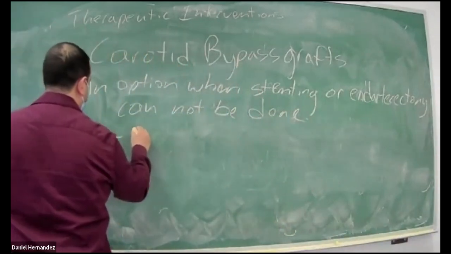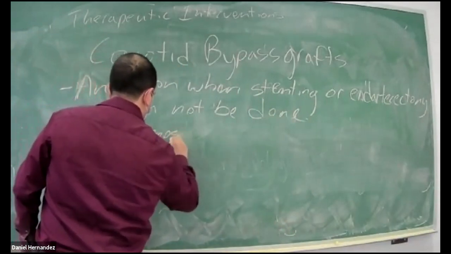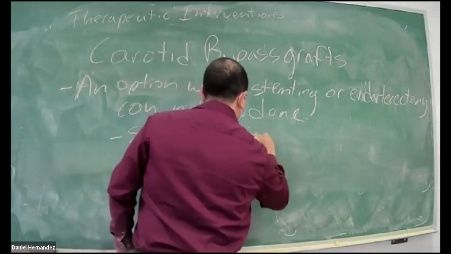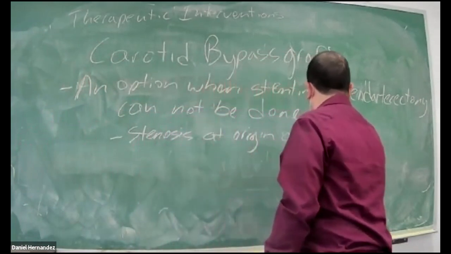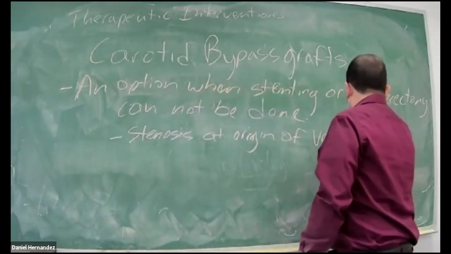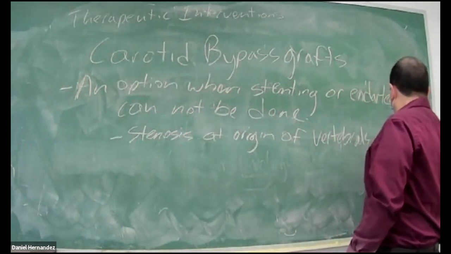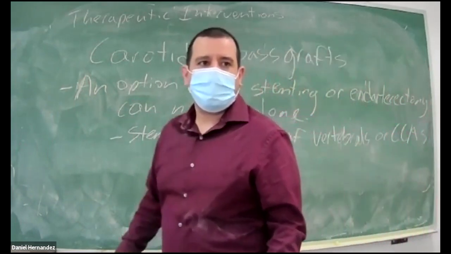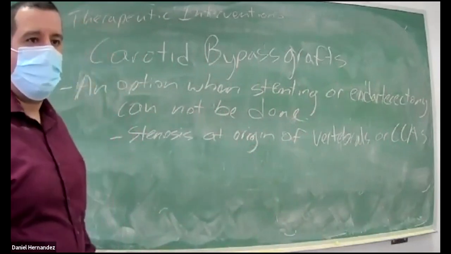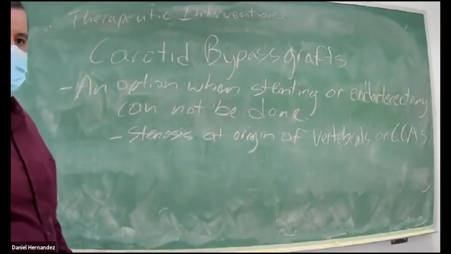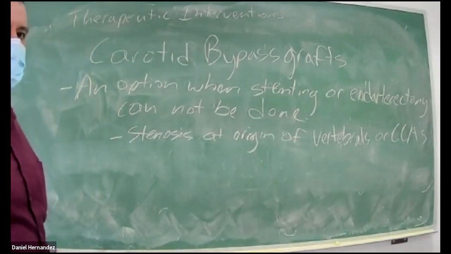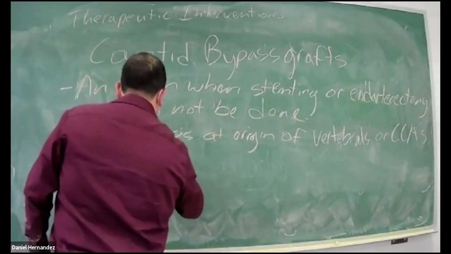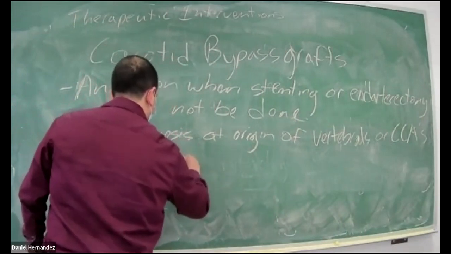Examples of that would be stenosis at the origin of the cerebrals or CCAs, or an aneurysm.